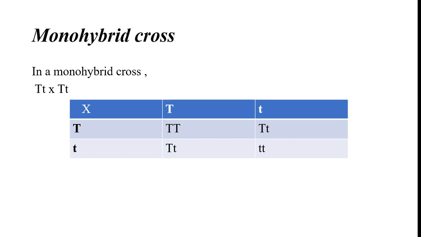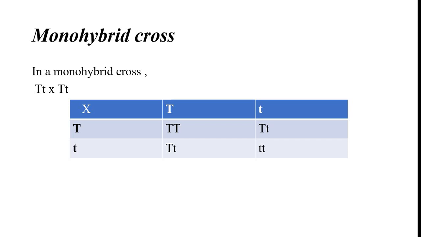Then we also have capital T, small t for the other parent. So you have mother and father. So capital T combines to form capital T, capital T. Then capital T, small t forms capital T, small t. Capital T and the small t also form another capital T, small t. And then the small t combines to form small t, small t.